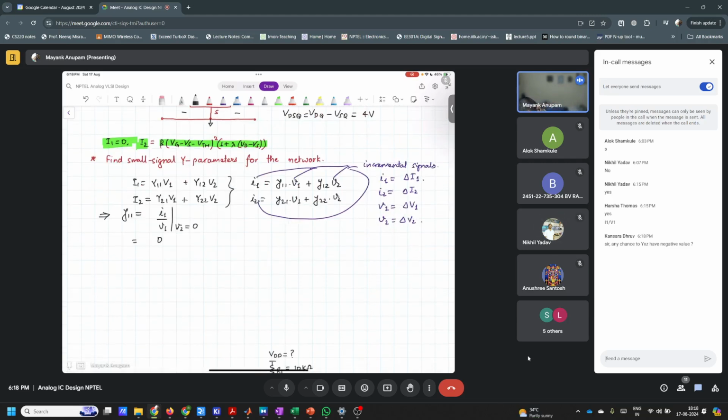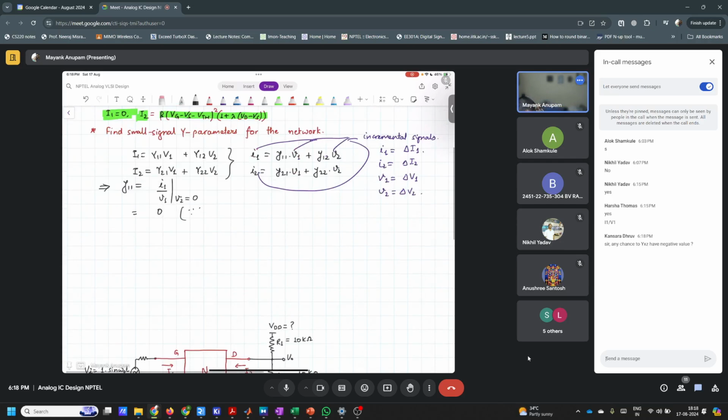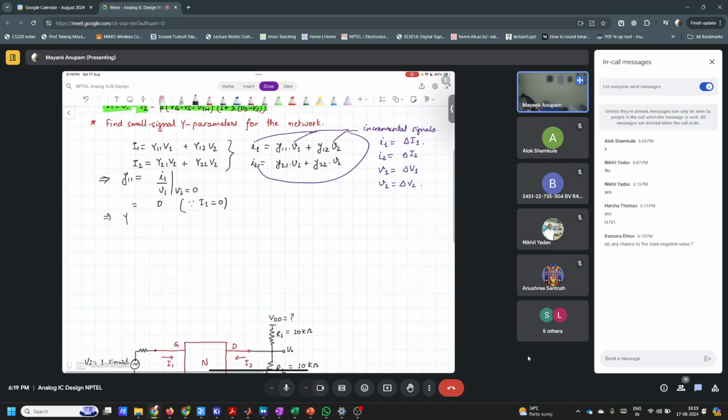Yes, because i1 is always 0, so it doesn't matter, right? Okay, fine. What is y12? It is i1 upon v2 when v1 is 0. So what will this be? Again 0, right? Because i1 is 0. Fine.